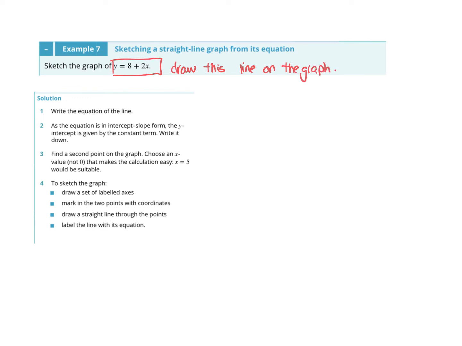So they'll already have given you a set of axes. So I'll draw up my set of axes. In your year 12 and all that, you're going to be already given a graph, okay? So we'd call this y and this is x, okay? And they want you to draw this line on that axis.